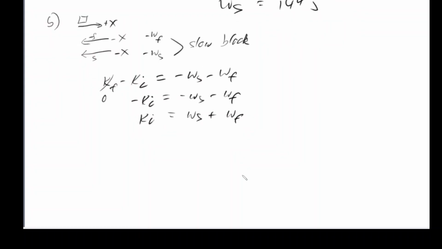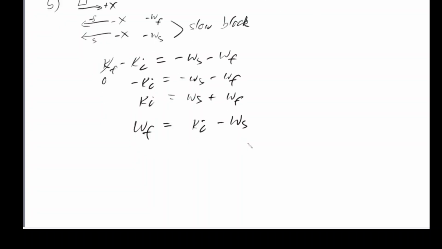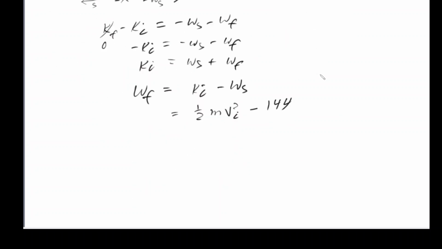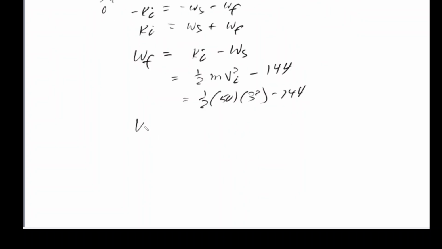Solving for the work done by friction, we get initial kinetic energy minus work done by the spring. That is 1/2 mv squared initial minus 144, which we found up here. This is 1/2 times 50 times 3 squared minus 144. If you work that out, the work of friction is equal to 81 joules.